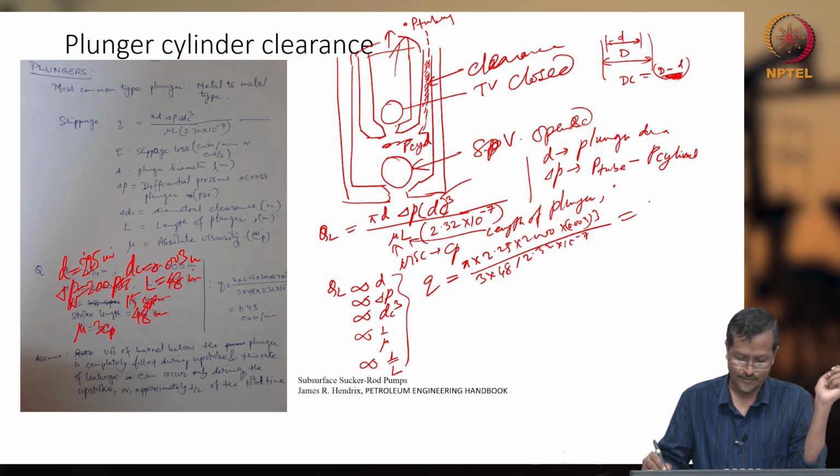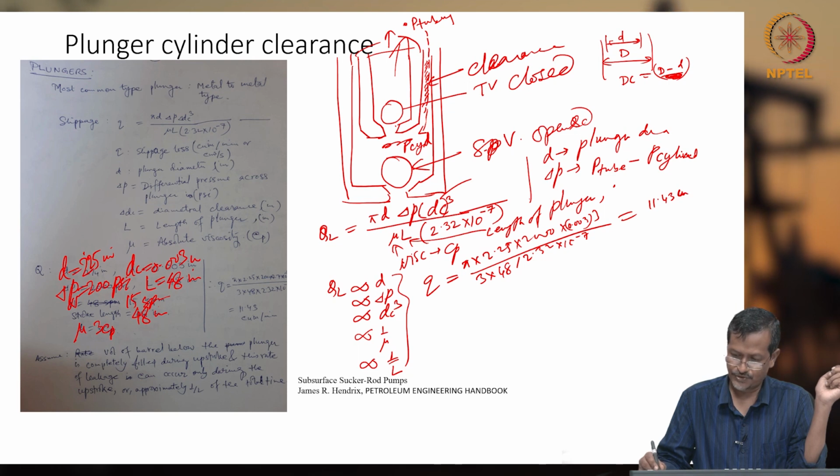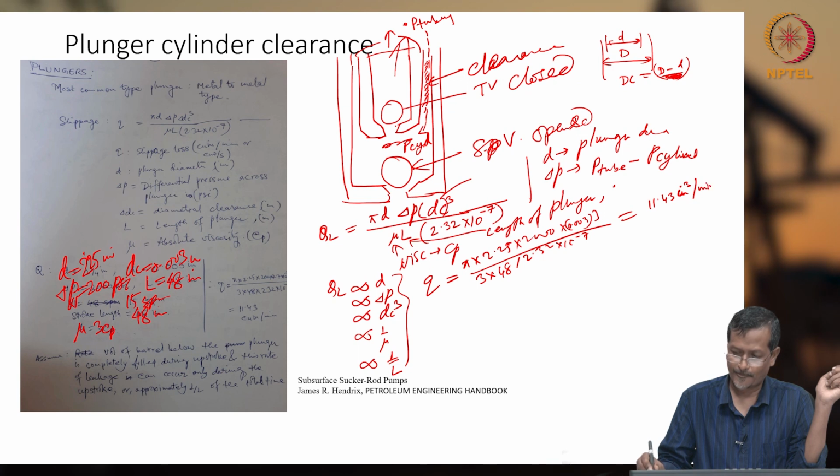This gives 11.43 cubic inch per minute. Okay.